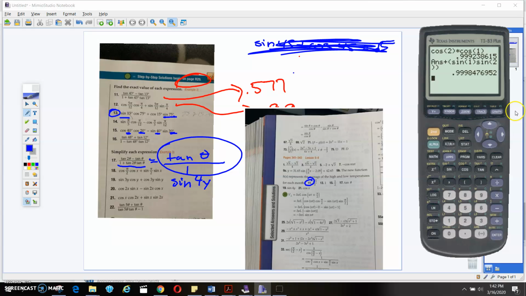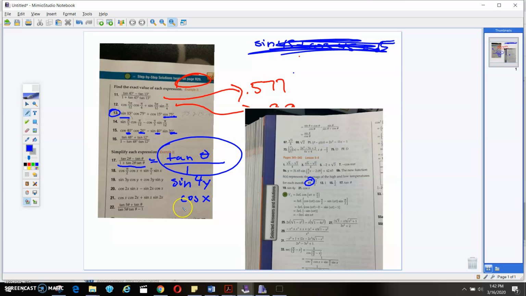So it's almost equal to itself, which is what we started with in the beginning. So 21 is going to be cosine of x. So this is cosine of x is the answer.